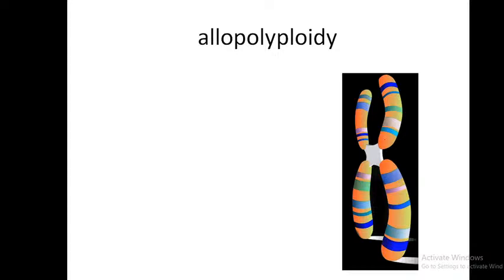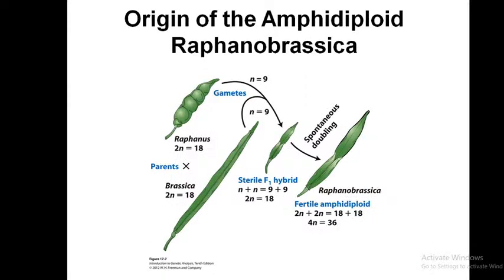Allopolyploidy is very rare in animals, but common in plants. Here you can see an example: the allopolyploidy condition arises by the fusion of gametes. This is Raphanus, which means radish.